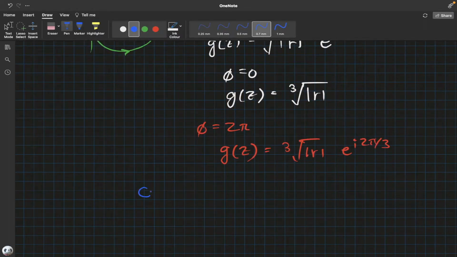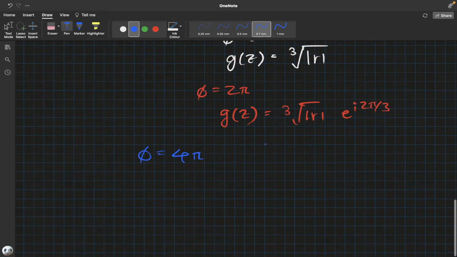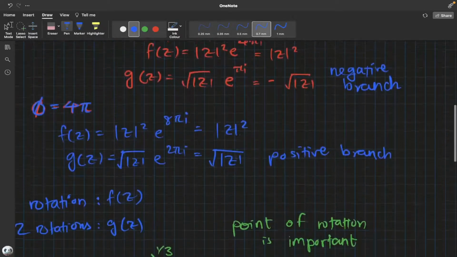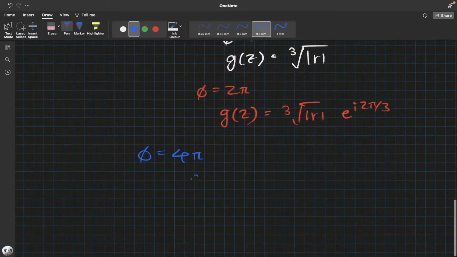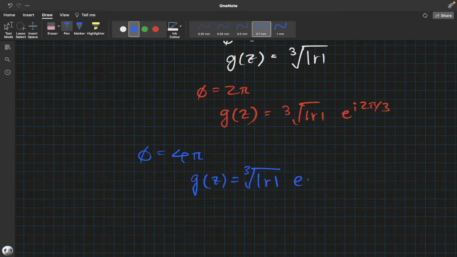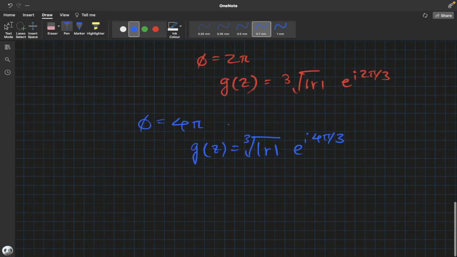Fine. What about 4 pi? Well, you expect we should return to the same, right? If we compare it to the example we did before. Well, not really. This is not 1 again. Well, no matter.